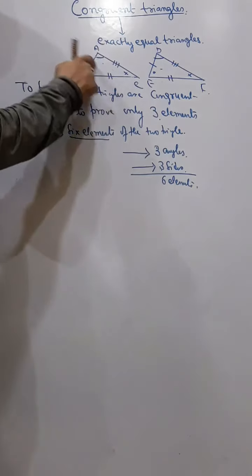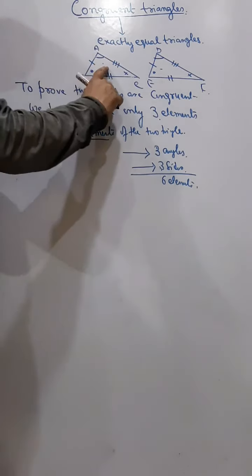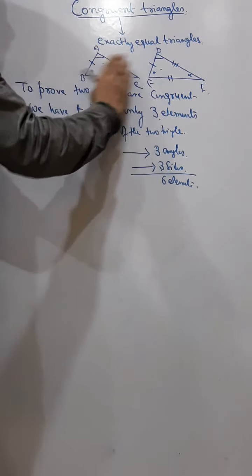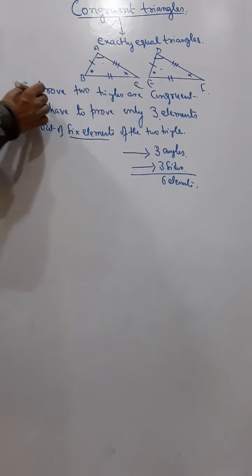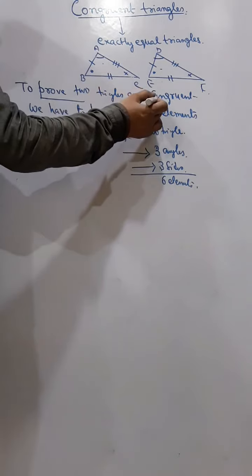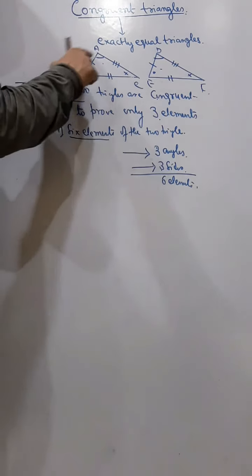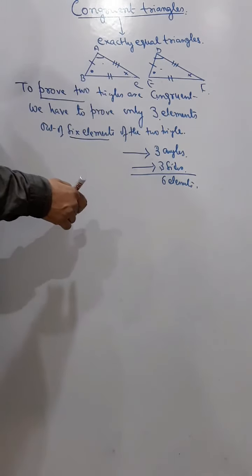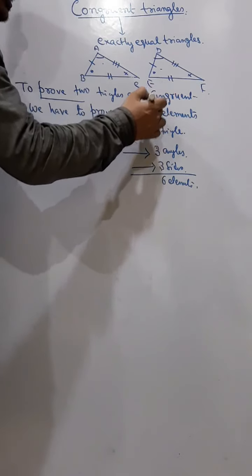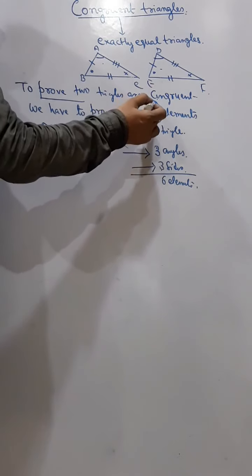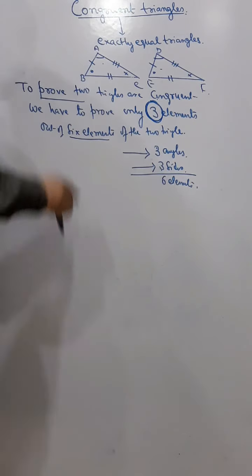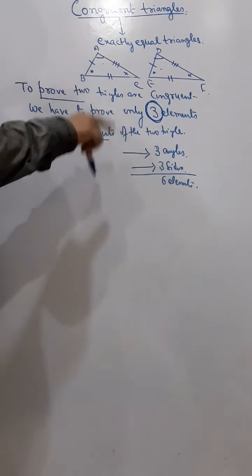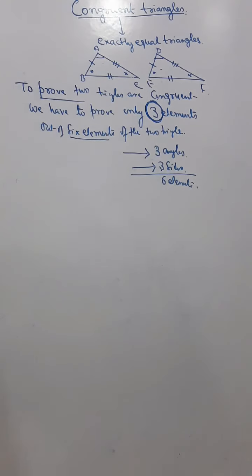If two triangles are congruent, all six elements are equal to each other. But to prove that two triangles are congruent, we don't have to prove all six elements are equal. We can just show that three of the six elements are equal, and then we can prove that the two triangles are congruent.